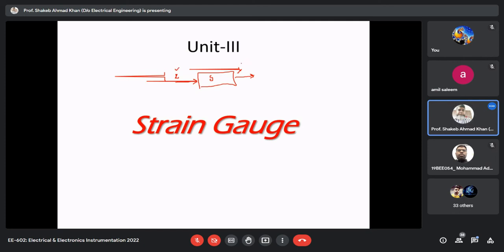And this is done because it is easy and economical to measure parameter y. That's why it is converted into parameter y, although our sole objective is to measure this parameter. So this conversion is to facilitate the measurement of this parameter. And the device which performs this conversion is called sensor.